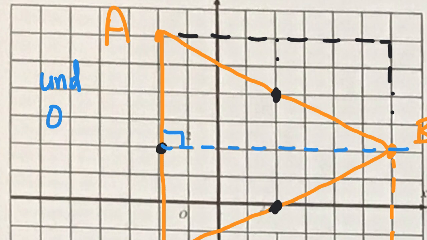So now let's look at side CB, right? Side CB right here. What is the slope of this line? Well, it's up 1 over 2, up 1 over 2, up 1 over 2, right? This is how you find the slope, by simply counting the rise over the run.